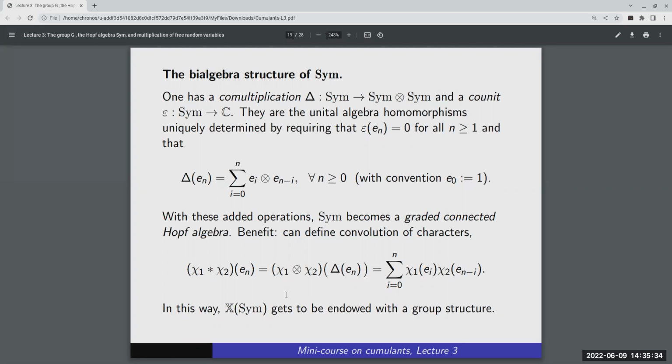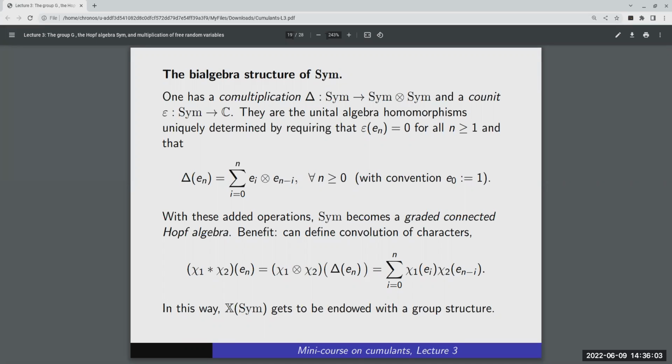You take the tensor product of the two characters and apply them to the sum of tensors which comes from the co-multiplication. So you do delta of e_n, which is written above, and then for every term here you apply chi_1 on the first component and chi_2 on the second component. This is how the convolution works. So X of Sym is a group.